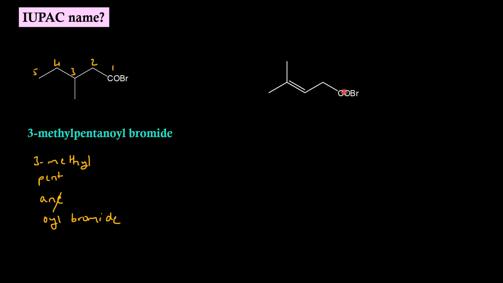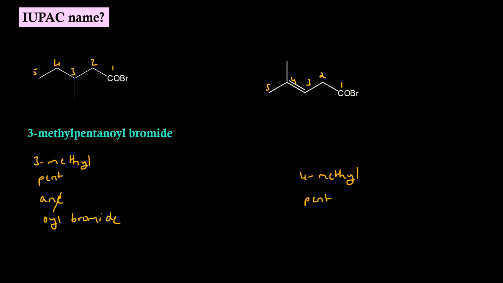With this molecule, this will be the parent chain. If we give number 1 to this, then we are having a substitution at position 4. So the secondary prefix will be 4-methyl. Root word is pent.